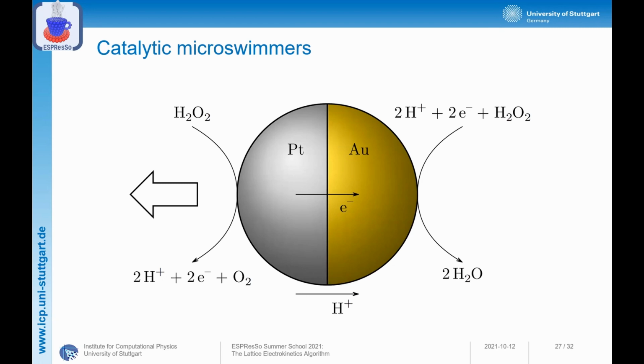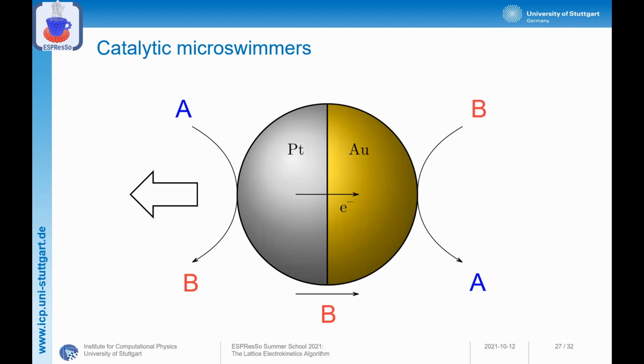So when using the electrokinetics method, we can easily reduce those species to make it smaller. So basically, we say we have a reaction of species A to species B. Species B is charged, and a reverse reaction of species B to species A. Okay.